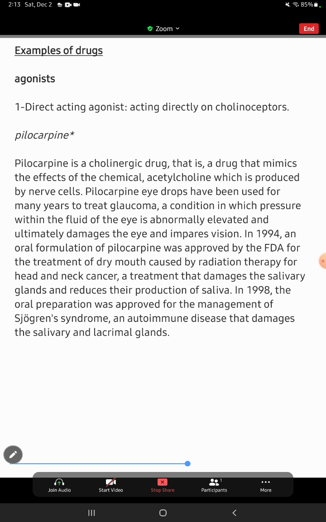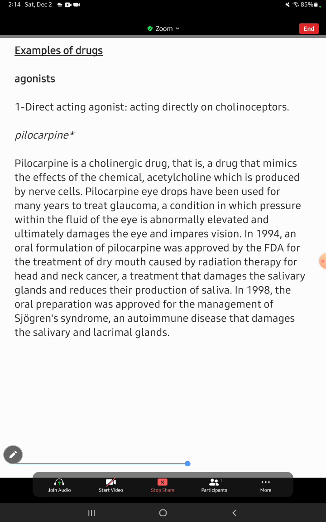Pilocarpine eye drops have been used for many years to treat glaucoma, a condition in which pressure within the fluid of the eyes is abnormally elevated and ultimately damages the eyes and impairs vision.